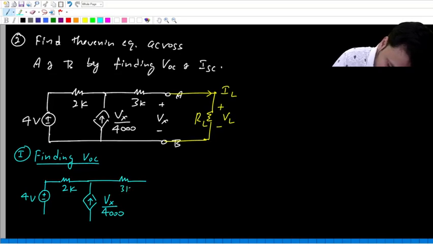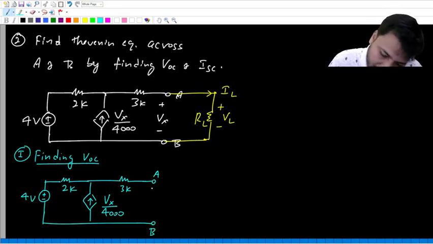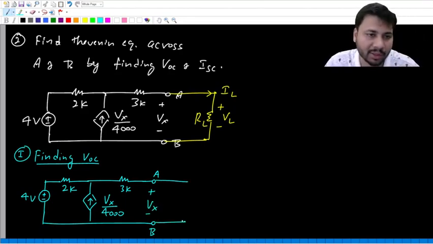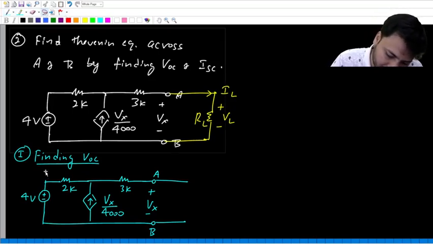And then we have this 3K. And then we have the two terminals A and B, across which the voltage drop is Vx. And because we are finding the open circuit voltage, the load has to be removed. So when you remove the load, you get this open circuit. Anyway, I'll just copy this.